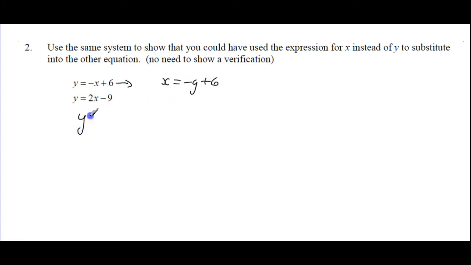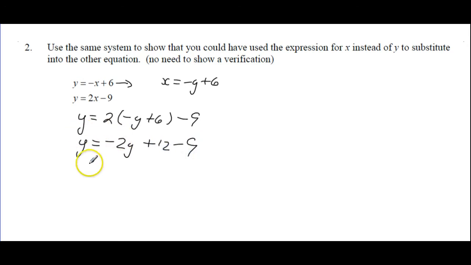So y equals 2. Now instead of x, I write negative y plus 6 minus 9. y is equal to negative 2y plus 12 minus 9. Okay, we're going to move this over. 3y is equal to 3, and y is equal to 1.